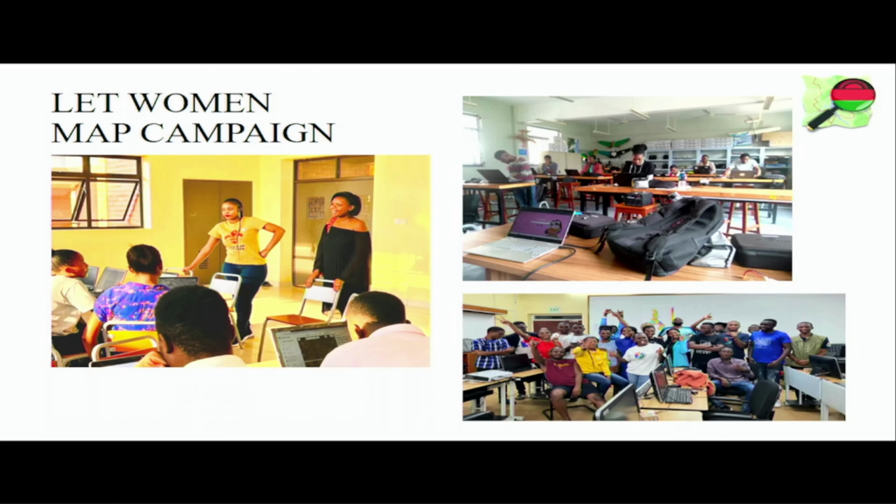One of the labs here is the lab for African Drone and Data Academy at the Malawi University of Science and Technology, where we had the mapathon. But even though we did this, we still didn't have a lot of women participating, and that's a gap that we're willing to fill, and we're working towards it so that we can have a lot of women participating in these activities and taking more leadership positions.